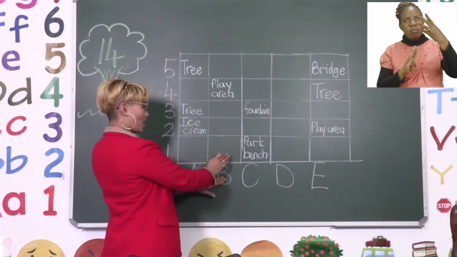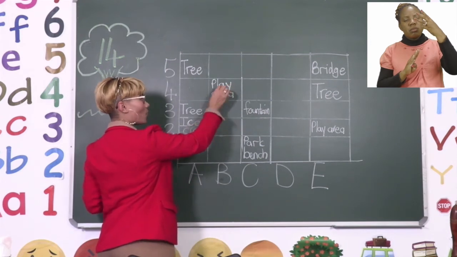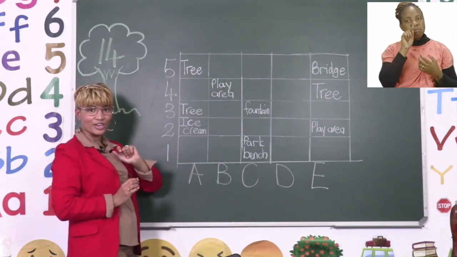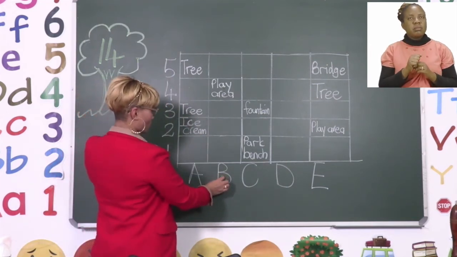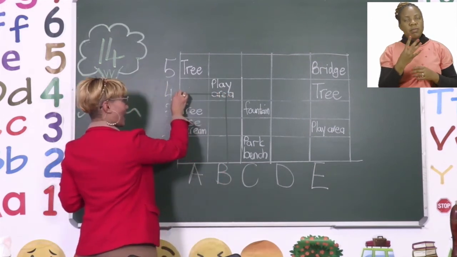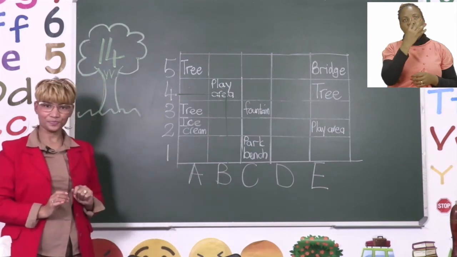Let's see. 1, 2, 3, 4. So there we have the play area labeled B4. So you go up with B and you are in the 4th row.